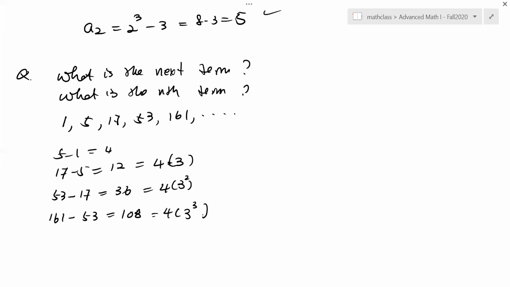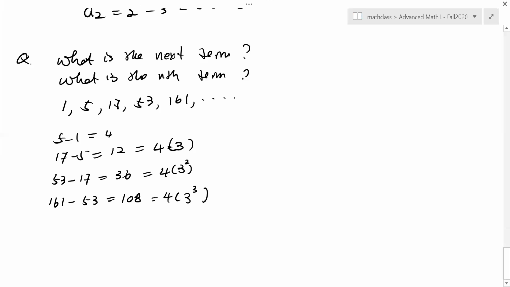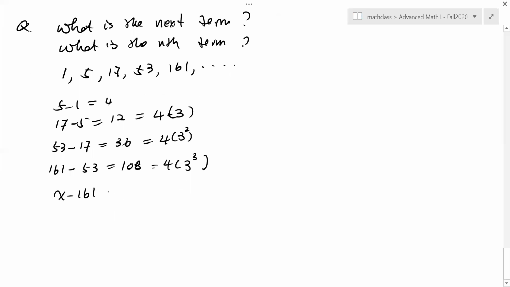Then you get the next term, right? The next term is 4 times 3 to the fourth power. 3 to the fourth power is 81, and you multiply this out, and everybody got 485.